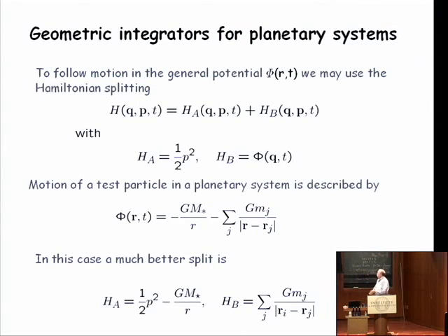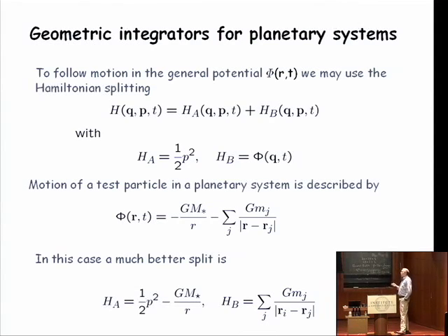In this case, if I look at the simplest case of a test particle in a planetary system, it will have a Hamiltonian for a unit mass test particle that involves a kinetic energy term and a potential energy term. In this case, the potential energy term is the combination of the gravitational potential due to the central star or the sun and the potential from all the other planets.